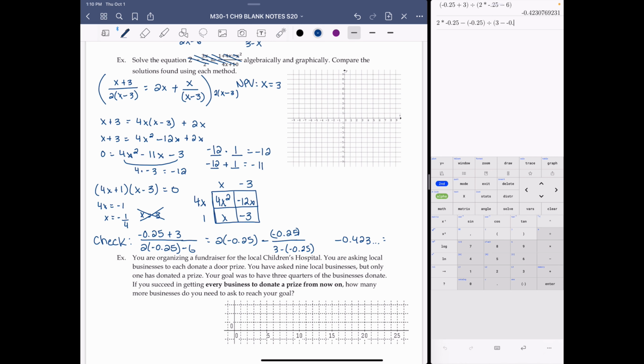So yes, that is a solution. So our solution is x equals negative 1 over 4.